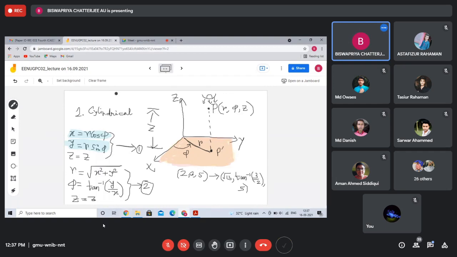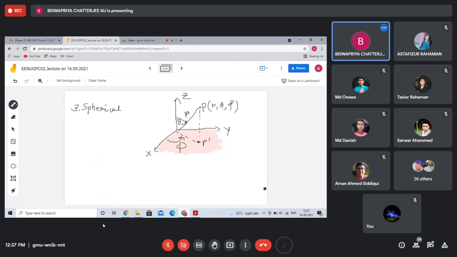So now if you look at this spherical system, can you tell me what x equals to, y equals to, and thereafter z equals to? First you tell me, what is z equals to?